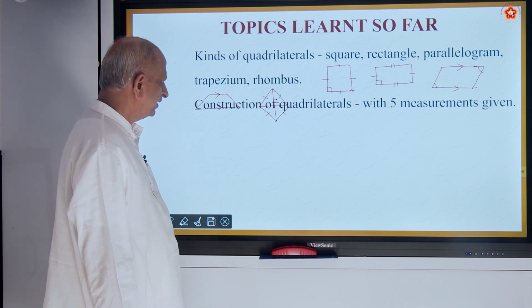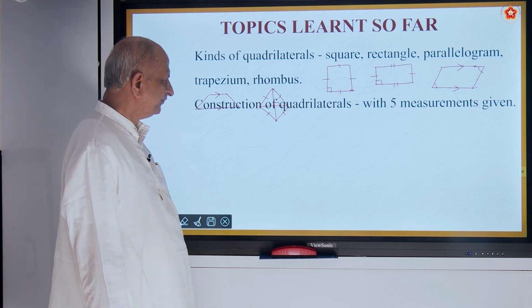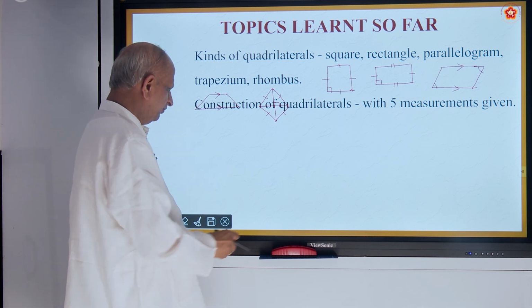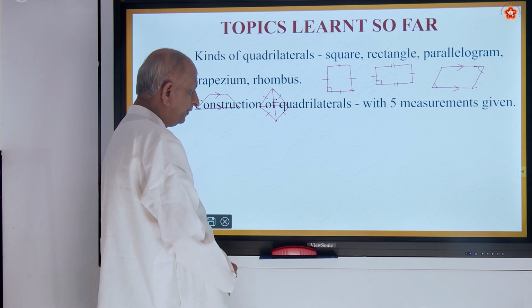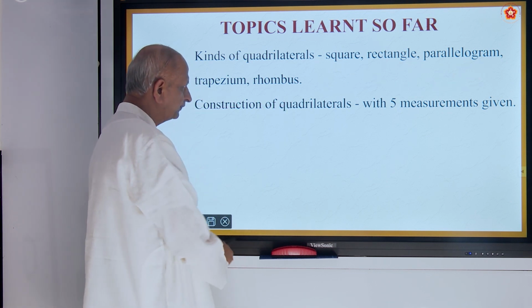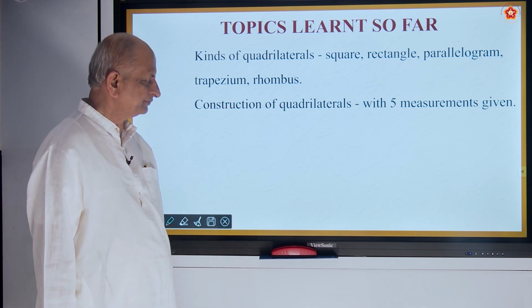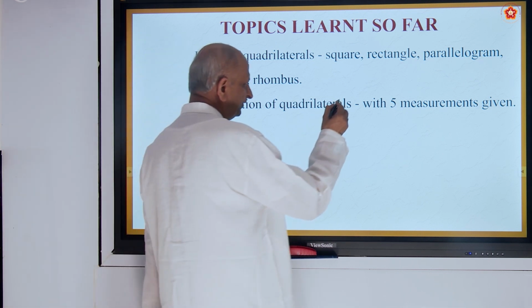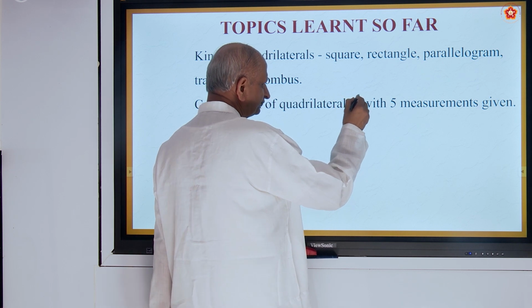Okay. And about construction of quadrilaterals, we have to know about measurements. What are measurements? Measurements means there are 10 measurements.